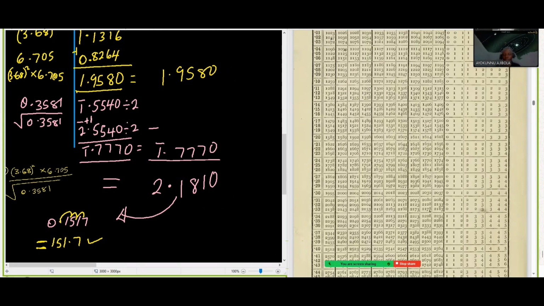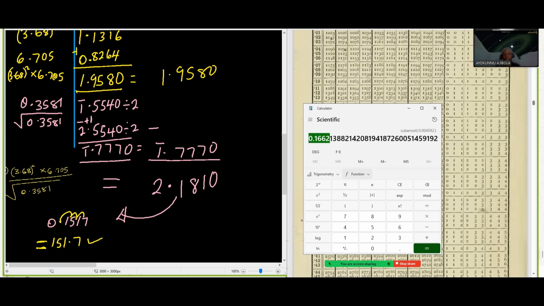So let us now use a calculator to verify. Can you see the calculator now? Yeah. Number one is that we want to find 3.68 all squared. 3.68 squared gives me this one. Then times 6.705 gives me this 90.